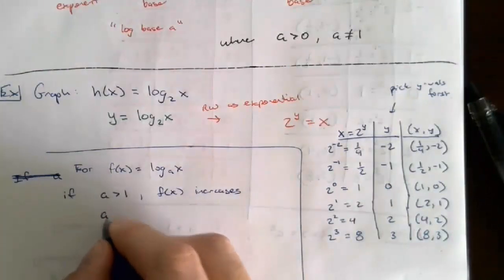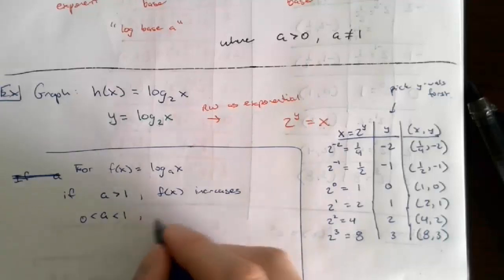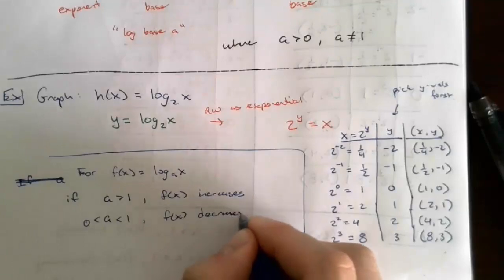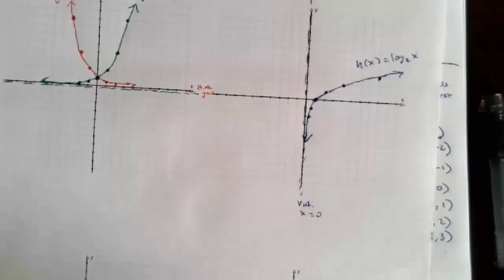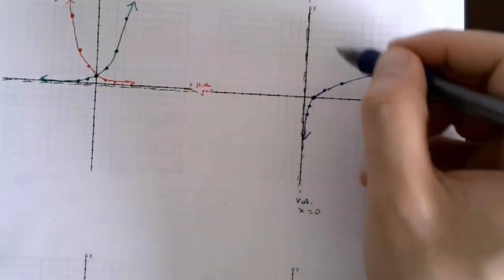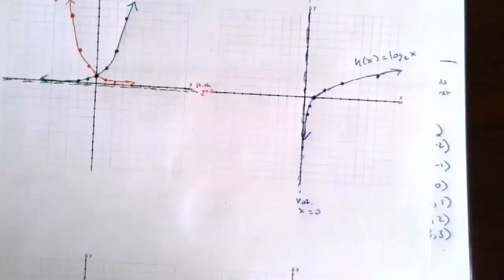If a is between 0 and 1, then f of x decreases. And what would happen on our graph is that the asymptote would be approached going upward towards it and then coming down through and going away this way.